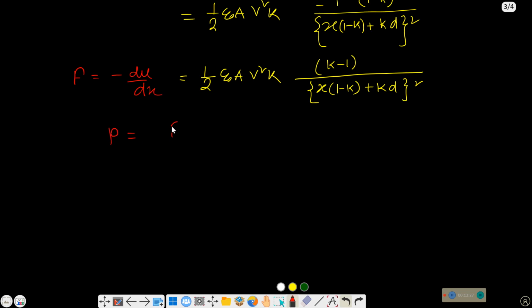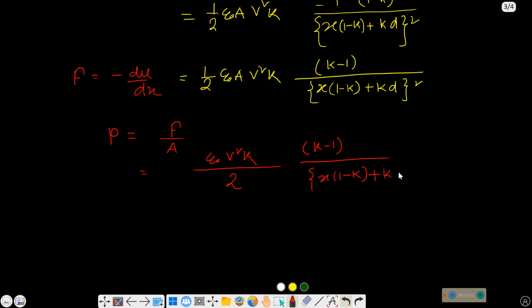Pressure is equal to F by A. So F will come out to be epsilon naught V square k by 2, times k minus 1 by x into 1 minus k plus kd whole square, right?